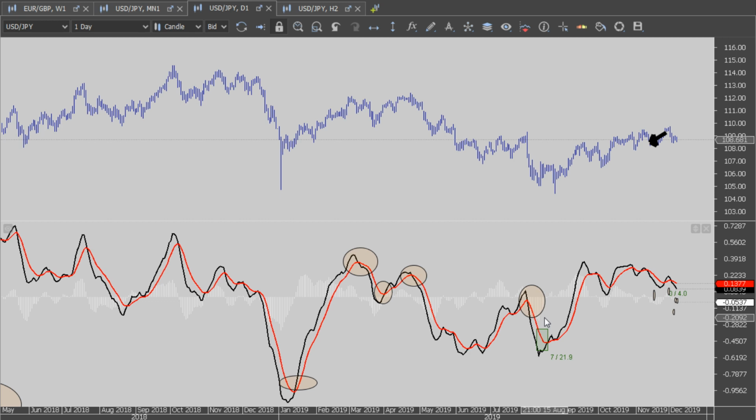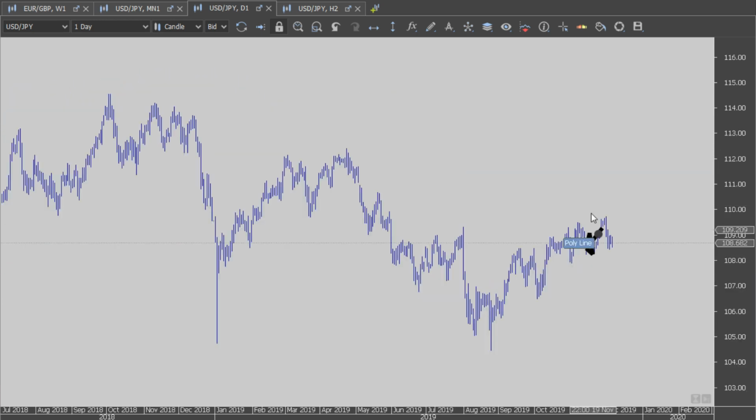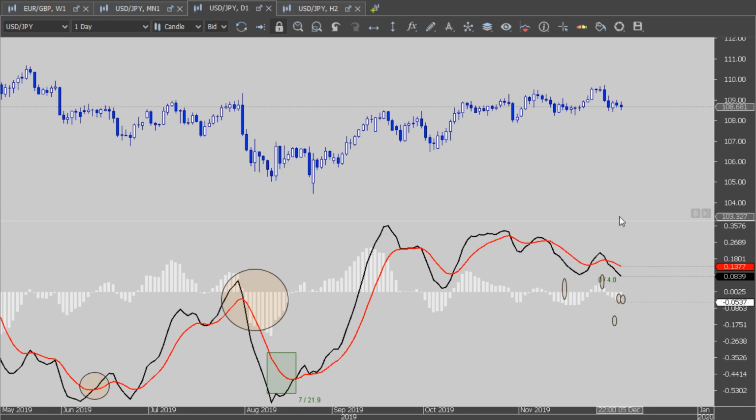You need to test. Here it worked, right? Now here more or less. So this is the daily chart, and let me check. So we are here right now.